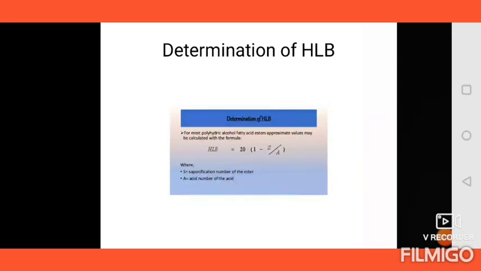Repeating: for most polyhydric alcohol fatty acid esters, the approximate value may be calculated with the formula HLB = 20 (1 - S/A), where S is the saponification number of the ester and A is the acid number of the acid.